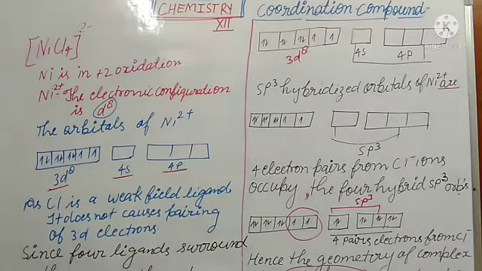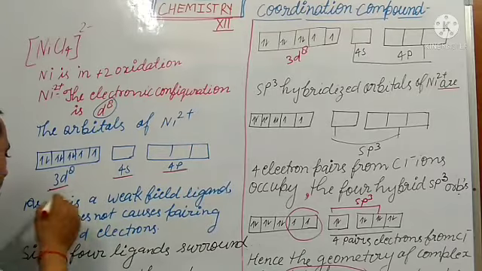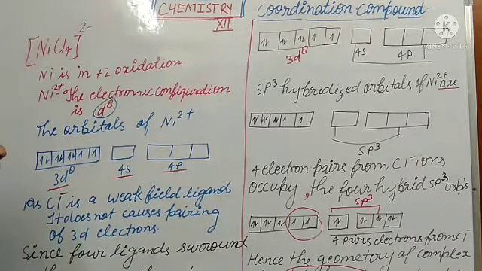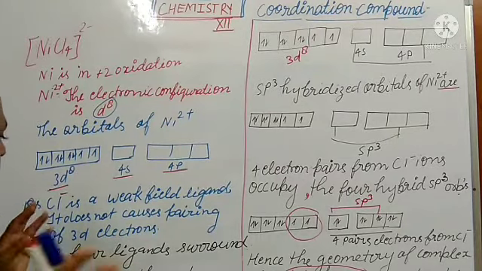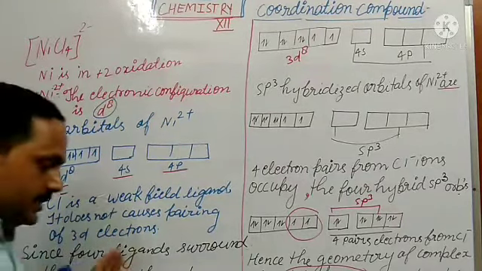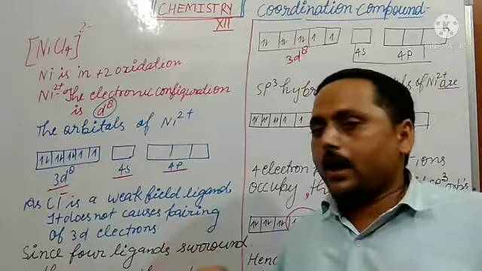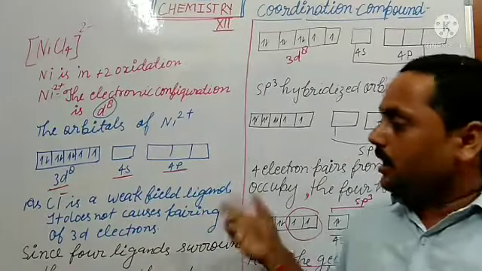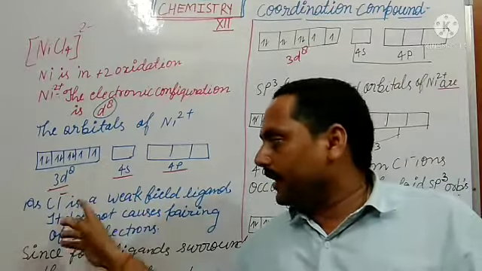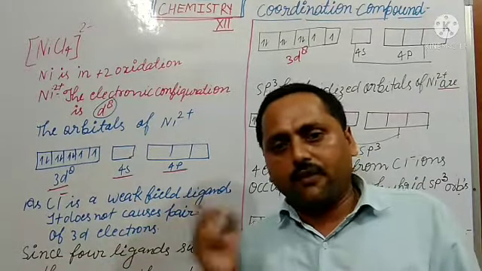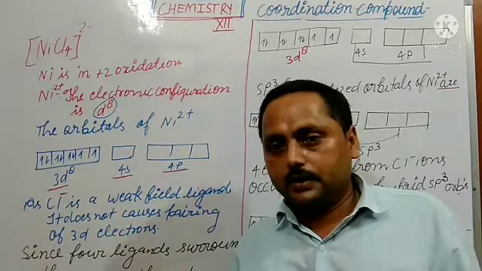As you know, chloride is a weak field ligand, so it doesn't pair the 3d electrons. Being a weak field ligand, chloride can't pair the 3d electrons.